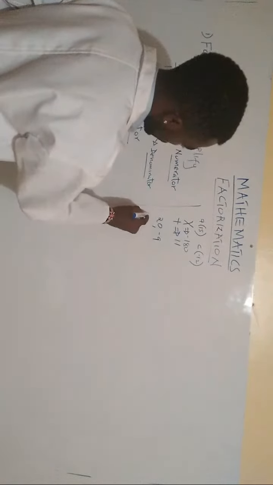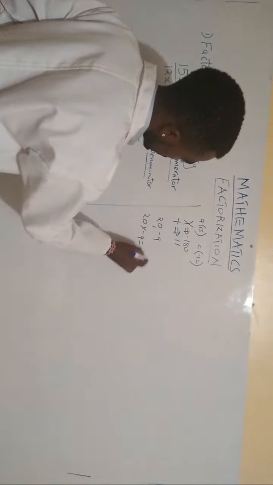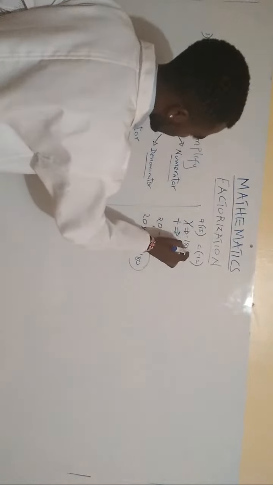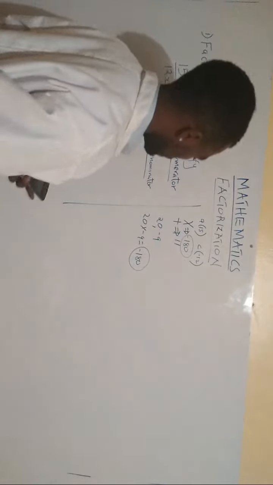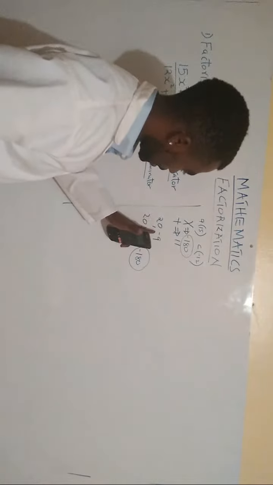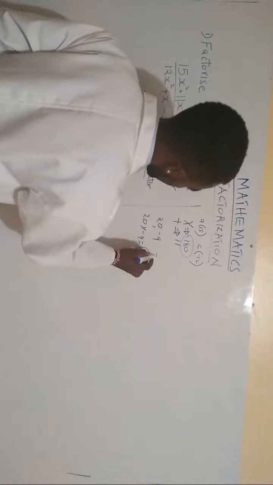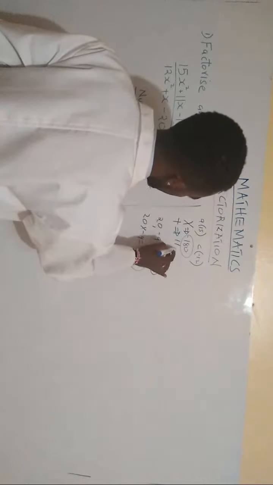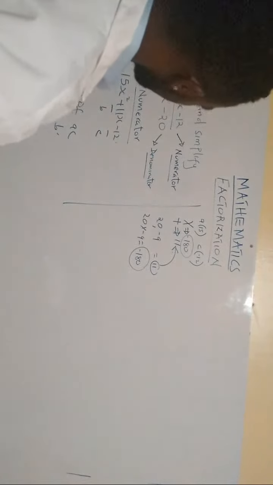When you multiply 20 by negative 9, you get negative 180, which is this one. And 20 plus negative 9 is 11, which is what we are looking for. So the two numbers are 20 and negative 9.